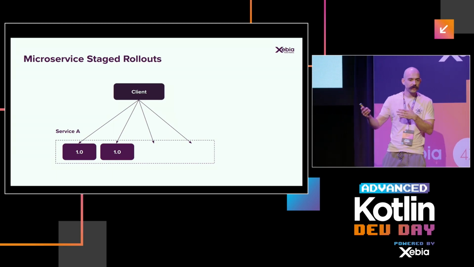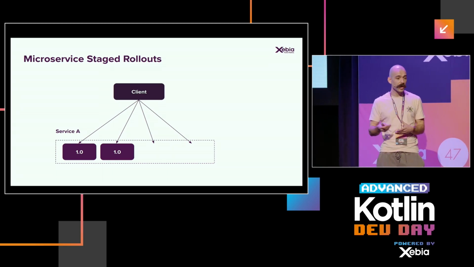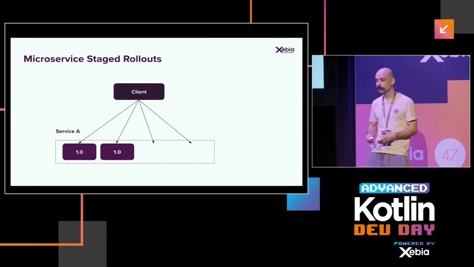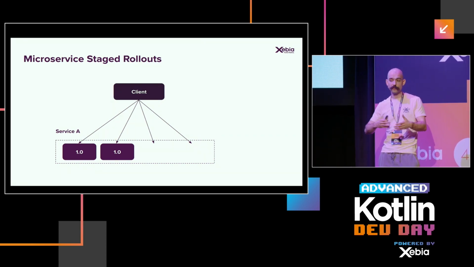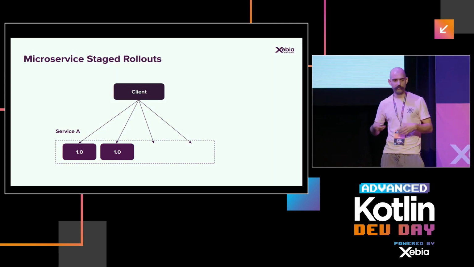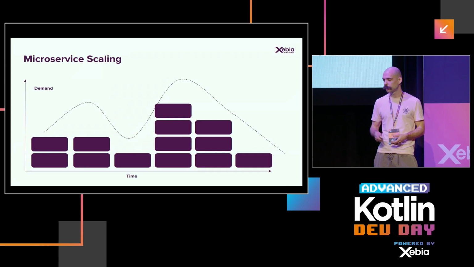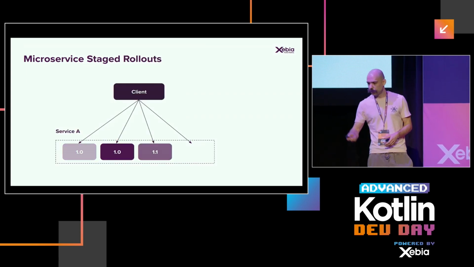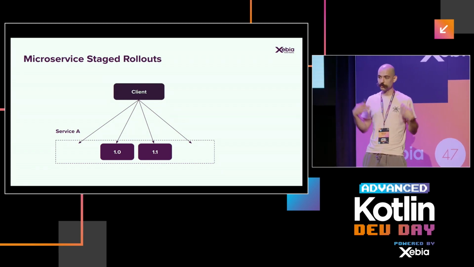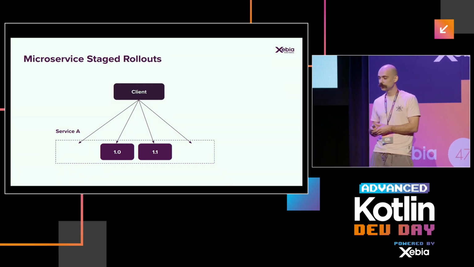Similarly, another use case can be staged rollouts. Typically, we want to do continuous development. Imagine that we have clients communicating with our system, and we have 2 servers running on version 1.0, and we need to roll out a new version. We roll out version 1.1 alongside version 1.0 because we don't want to bring our system down to roll out this new version.